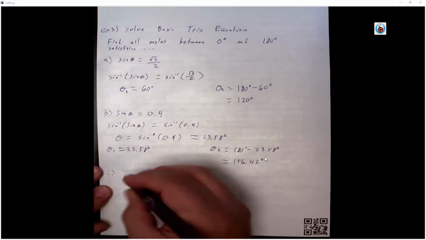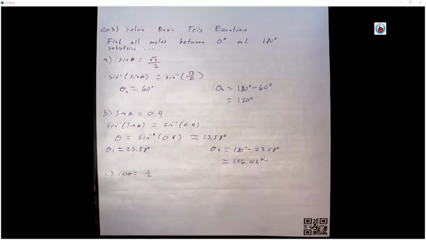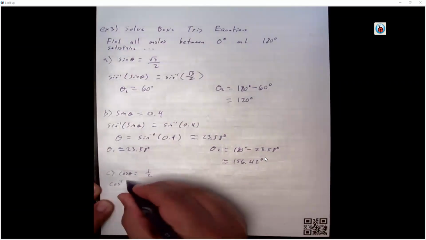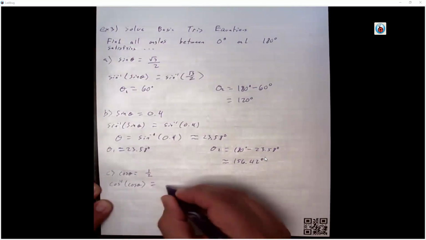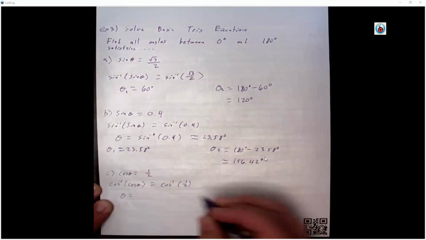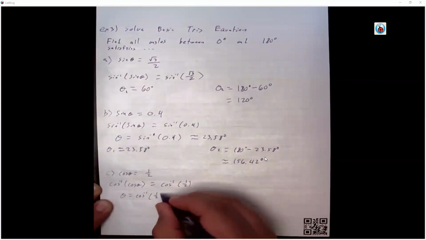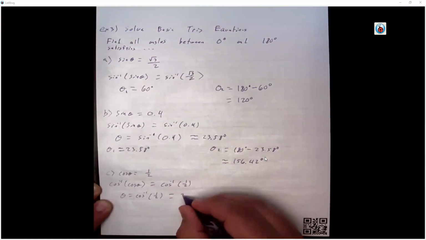Okay. Let's do one for cosine so you can see. I'll pick an easy one again. This is on the circle. We should know that the answer is also 60 degrees, right? So let's pretend we had no idea. We do the inverse of both sides. So theta would be equal to cosine inverse, which becomes 60 degrees.